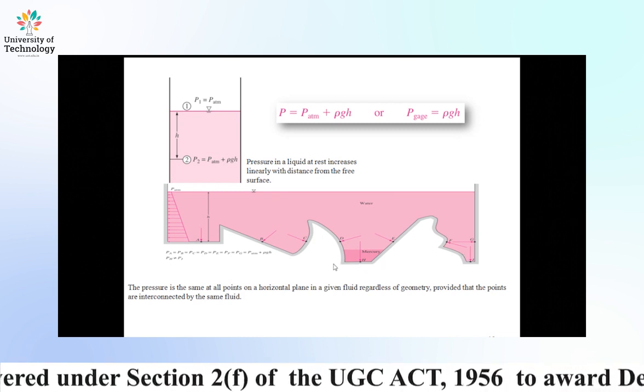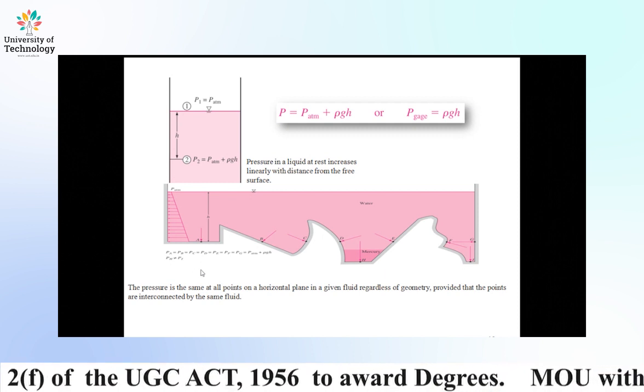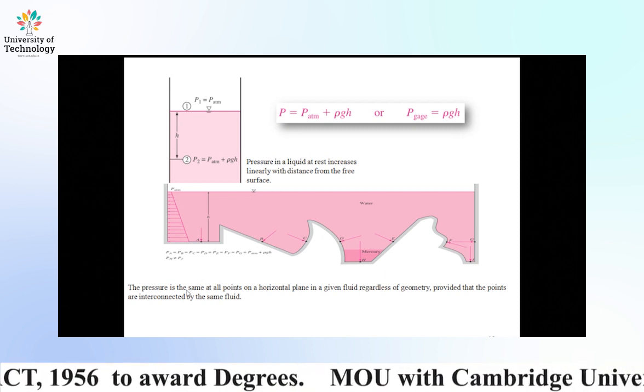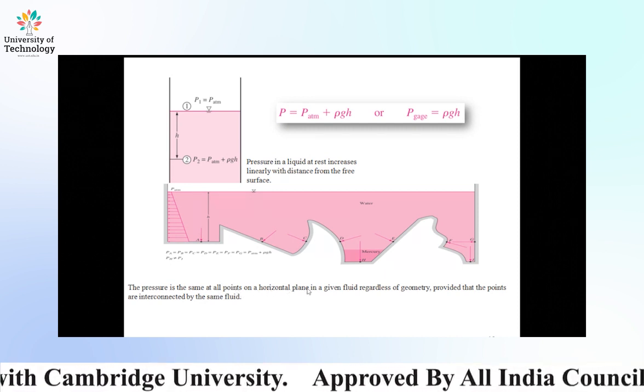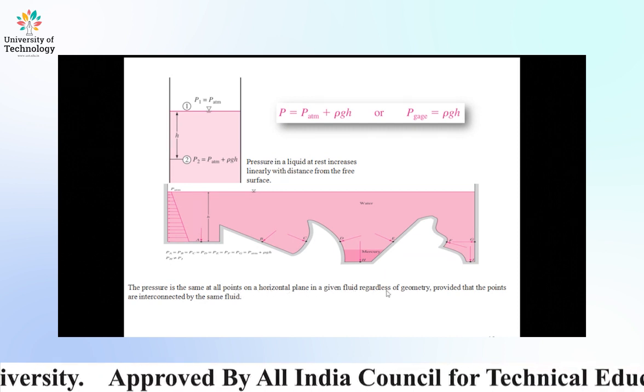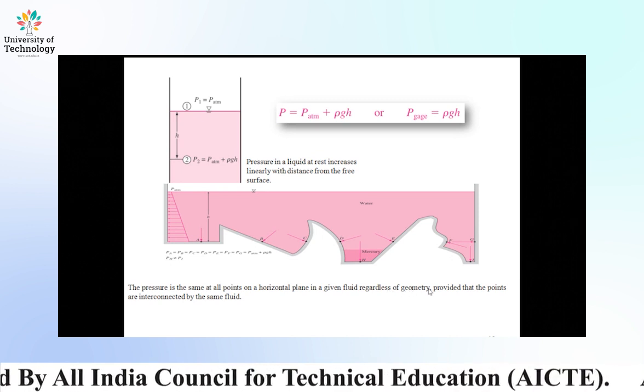The pressure is the same at all points in a horizontal plane in a given fluid, regardless of geometry, provided that the points are interconnected by the same fluid.